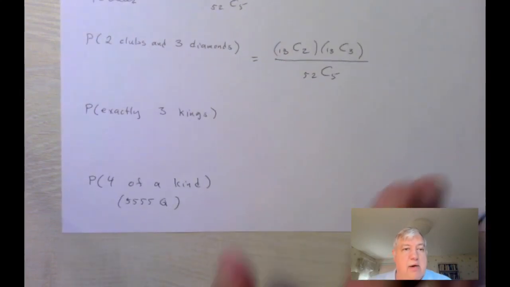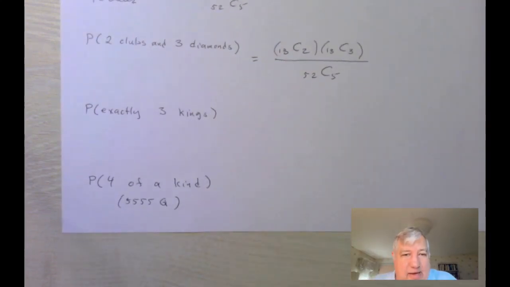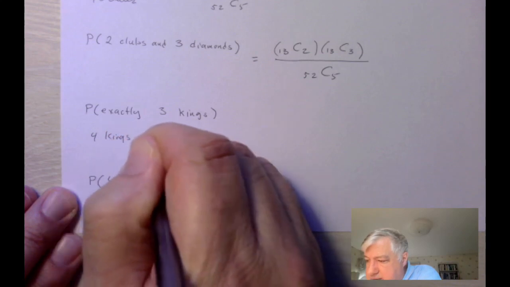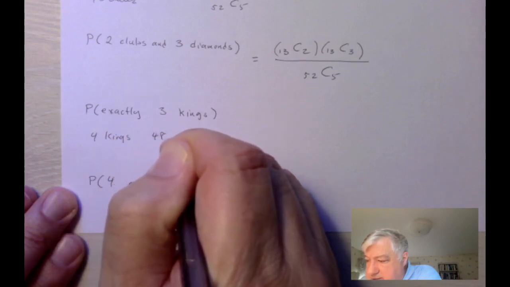The probability of exactly 3 kings: the way we can think about this is a deck can be separated into kings and non-kings. We know that there are 4 kings in a deck, and then 48 non-kings.